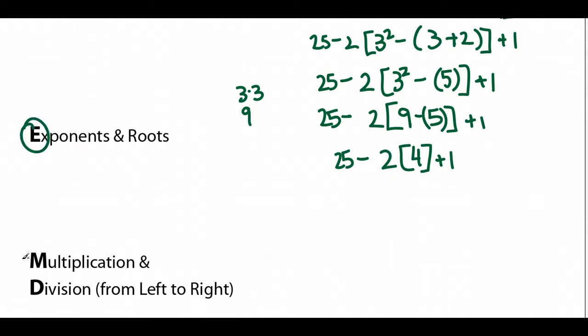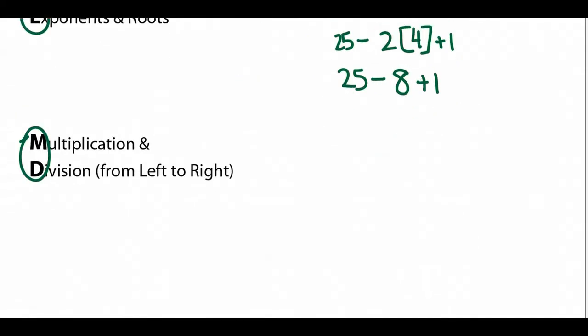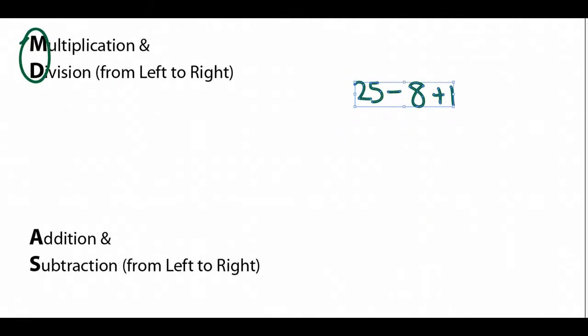And now we take a look and we have exponents. We don't have any. Now we do our multiplication and division. This number next to our brackets means that we multiply. So 2 times 4 is 8, plus 1, drop down the negative and the 25, or subtraction sign. And then to take a look at our final step here, or set of steps, I guess, we need to come down, and it says we need to add and subtract from left to right.